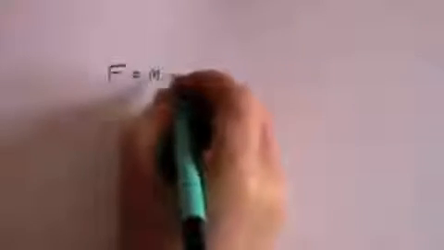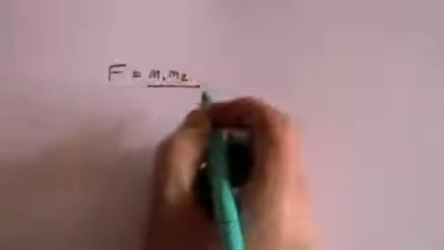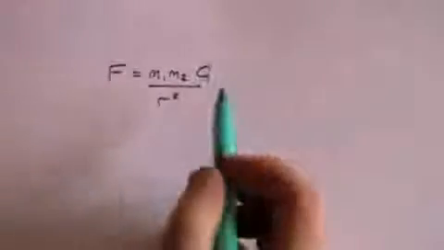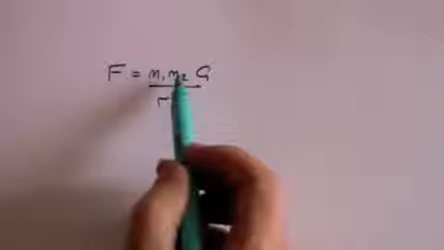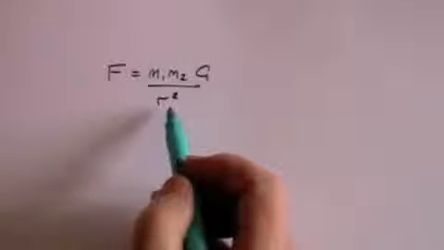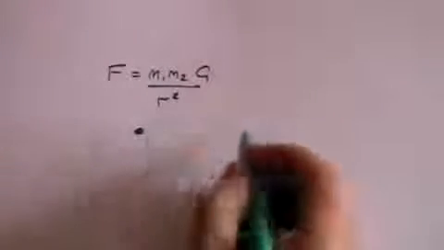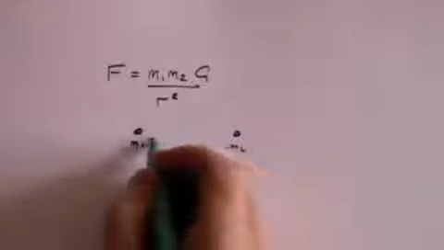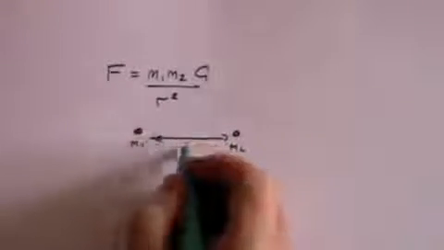Newton said that if you have two masses, m1 and m2, then the force between them, which is the gravitational force, is equal to mass 1 times mass 2 divided by the distance between them. So here's m1, here's m2, and here's the distance between them, r.